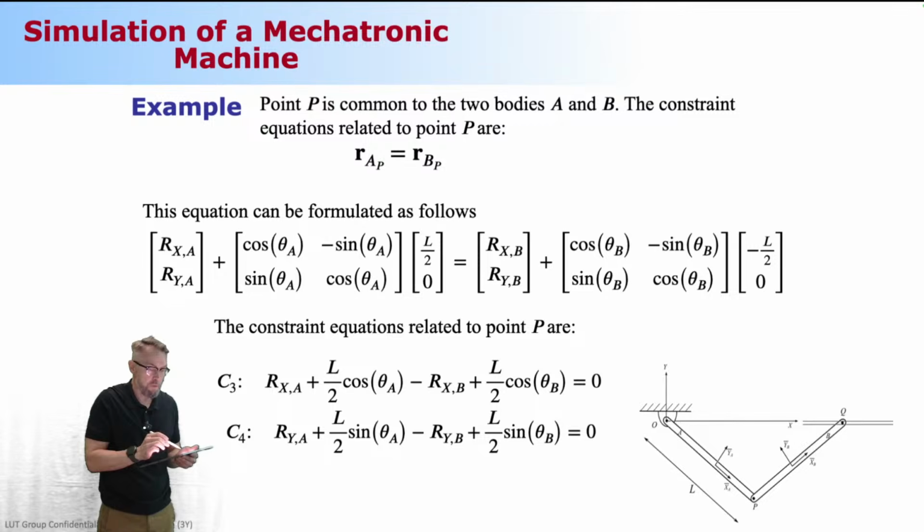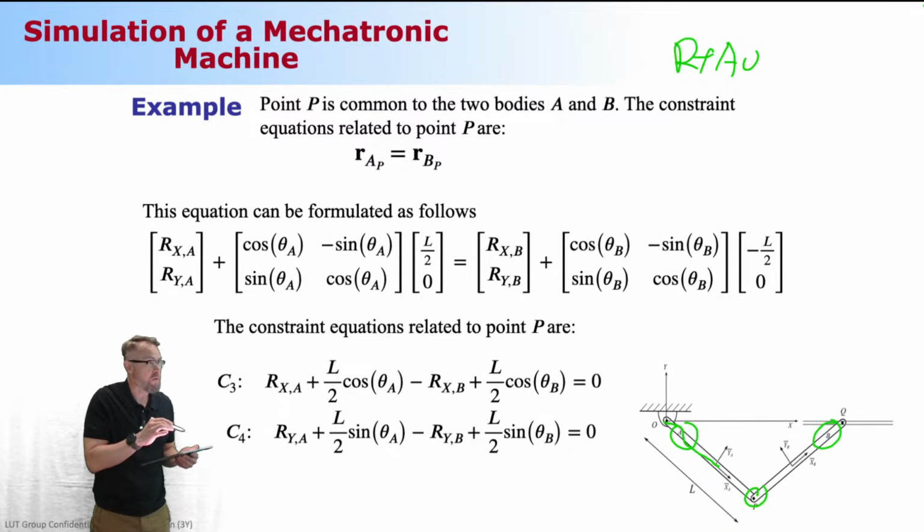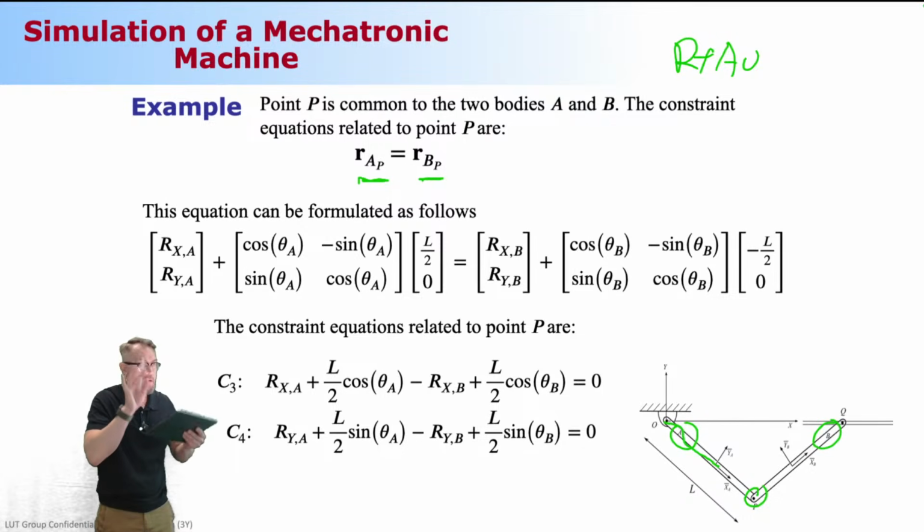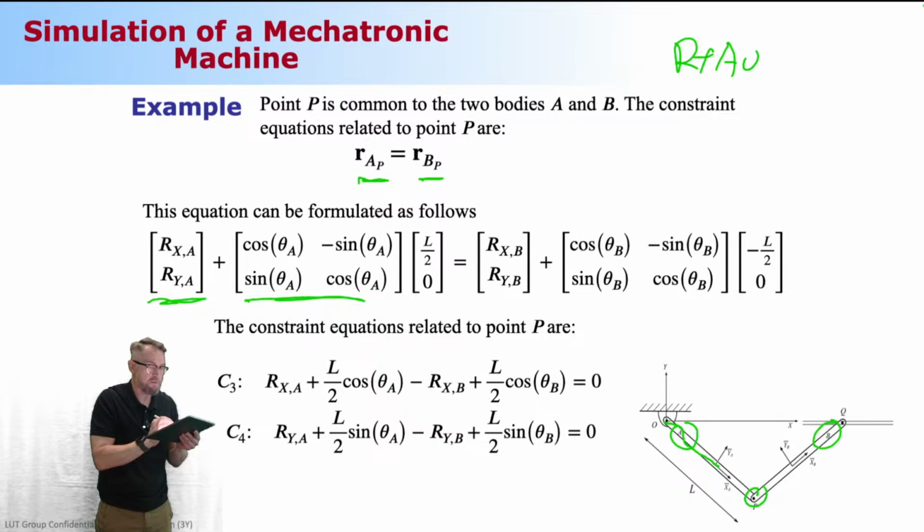I'm going to look at the point P, which is common to body A and body B. I'm going to reach this point using, again, this equation that I'm familiar with, in 2 different ways. I'm going to set these 2 different ways to be equal. That's going to give me 2 additional constraint equations. So this is a variable, this is a variable.